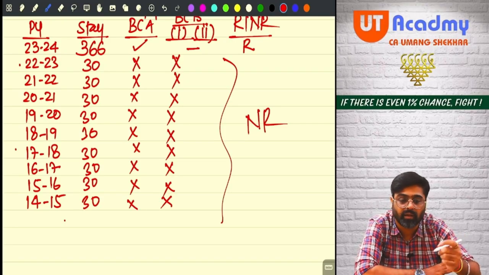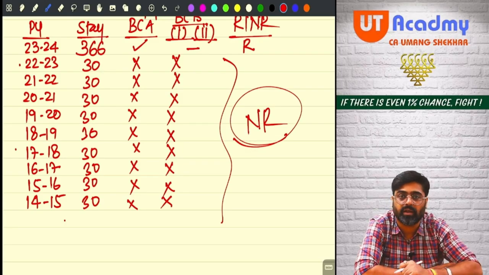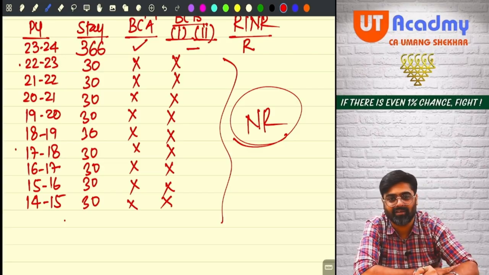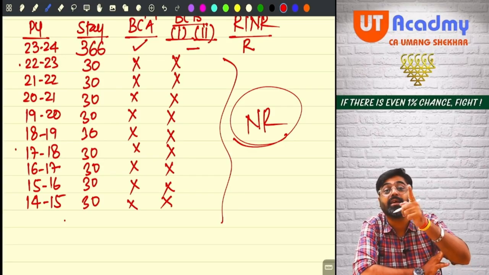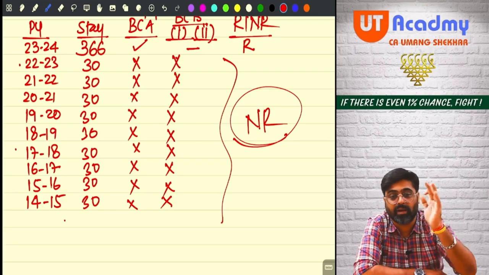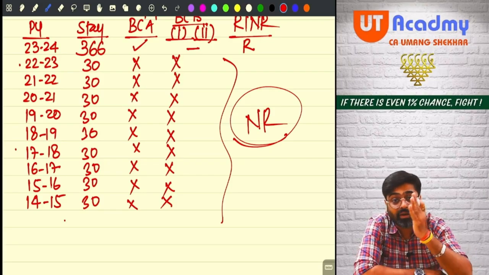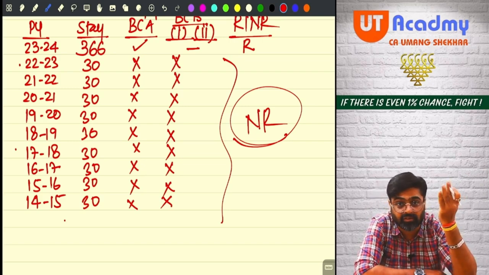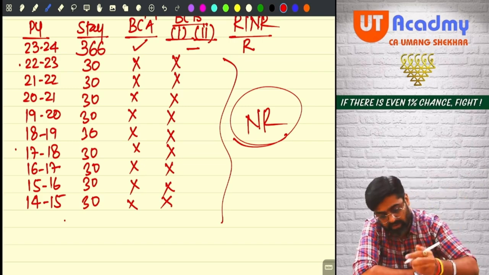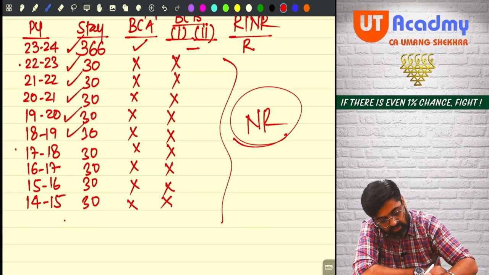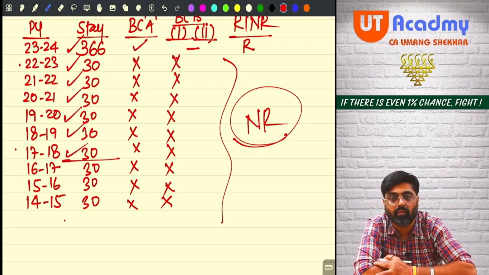Out of 10, for 9 years, he is a non-resident, guys. And for 9 years he is a non-resident, that means additional condition A fulfilled and he becomes RNOR. And also for the last 7 years, his stay does not exceed 729. Wait, 1, 2, 3, 4, 5, 6 and 7. Tell me, what is the total?